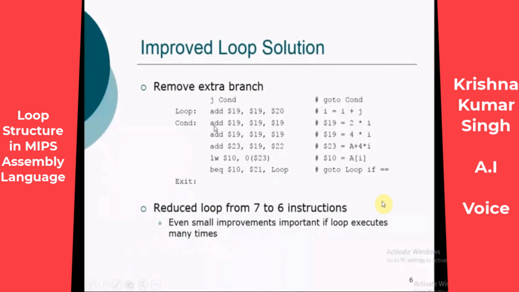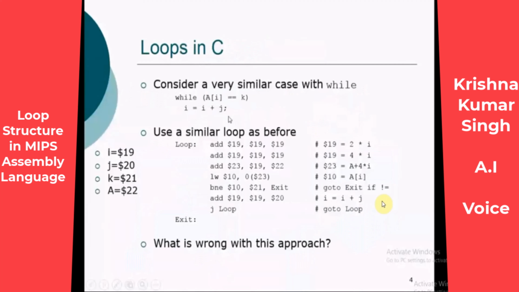But in the previous implementation, all of these parts are inside the loop: 1, 2, 3, 4, 5, 6, 7. So we reduce one instruction, and this implementation improves on the previous one.